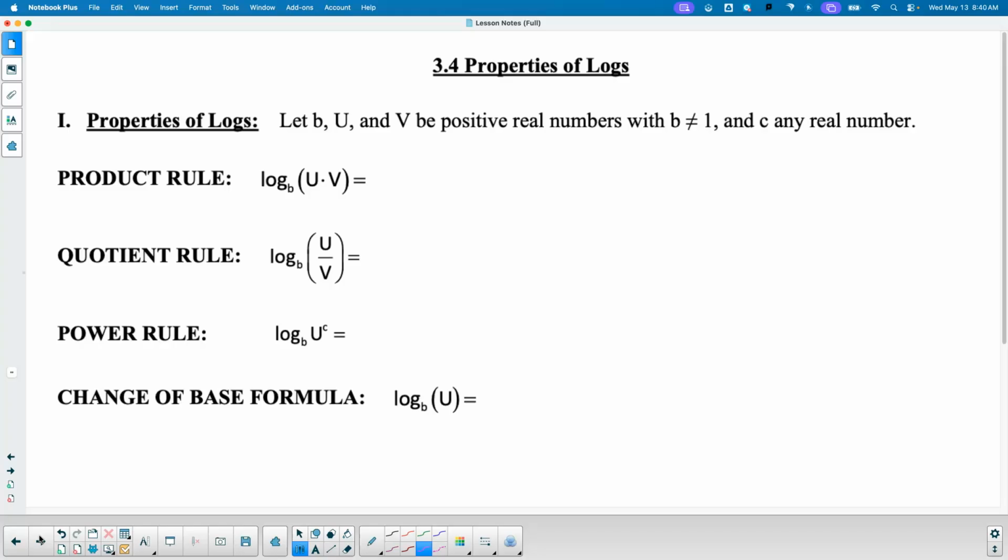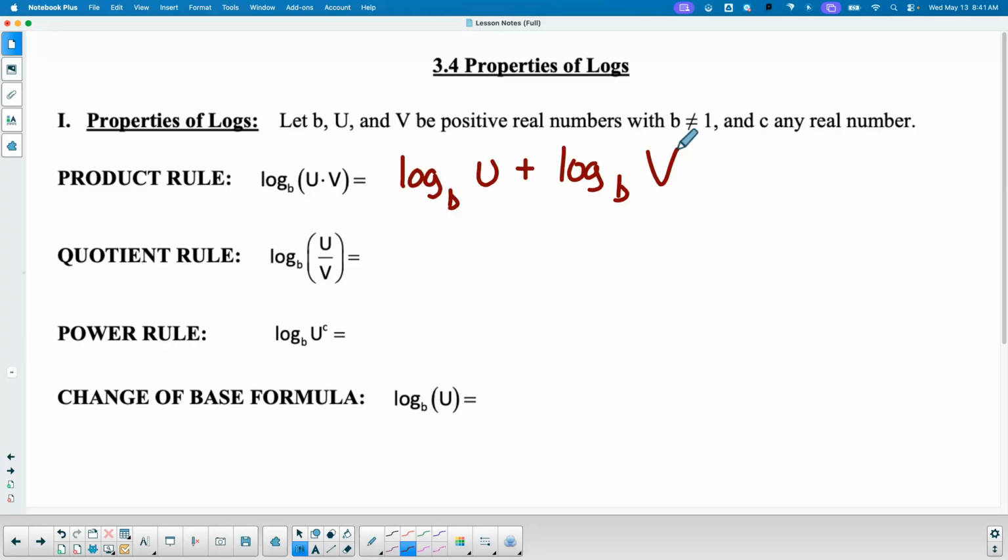Let's get into some properties of logs so that tomorrow we can be solving logarithmic equations. The first rule, and I'm going through these quickly because you did these last year in Algebra 2, is just refreshing from last year. The product rule says that the log base b of u times v is the log base b of u plus the log base b of v.